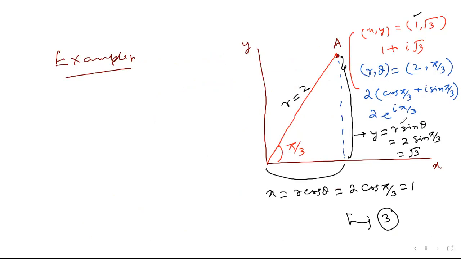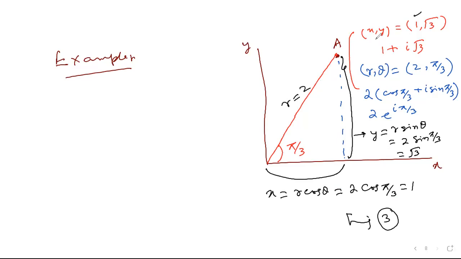So we have written this point A, we have labeled this point using rectangular coordinates as well as the polar coordinates.